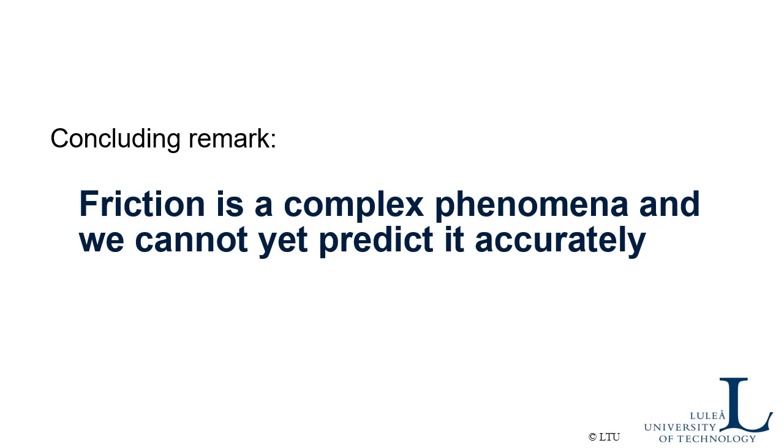You may change the conditions by just sliding the surfaces in contact. So it's very difficult to predict, and there are no models. So normally we have to use some kind of friction coefficients in order to predict the friction, or predict the influence of friction in a mechanical system.